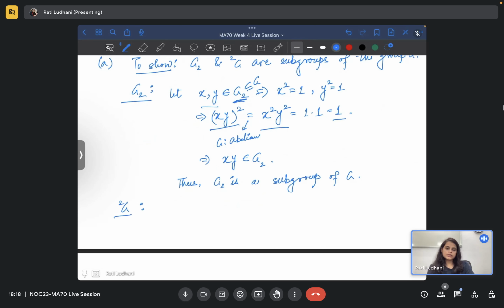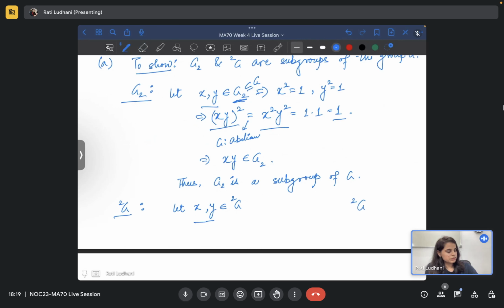So again, G is a finite group. We can again consider just two elements of 2G. Now if x, y belong to 2G, which is equal to what? Which is equal to all the elements, okay, if I write it here, don't get confused.